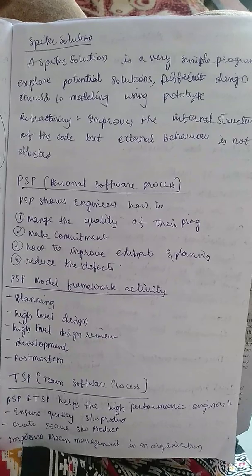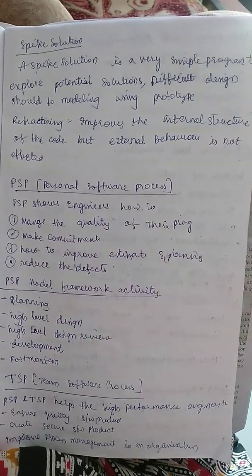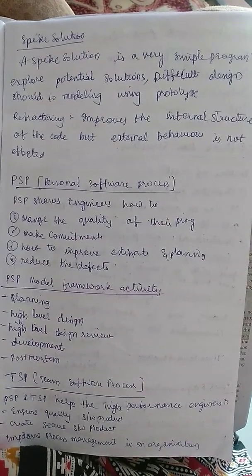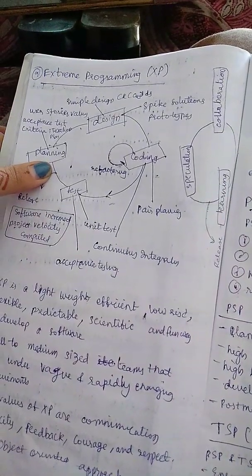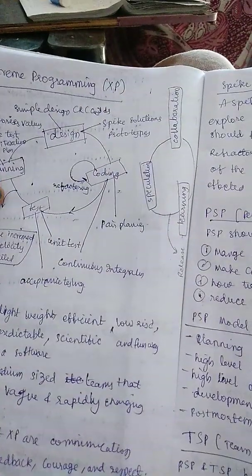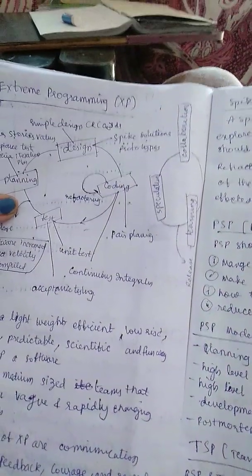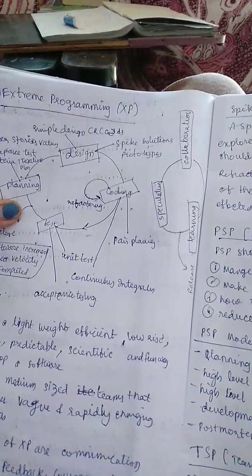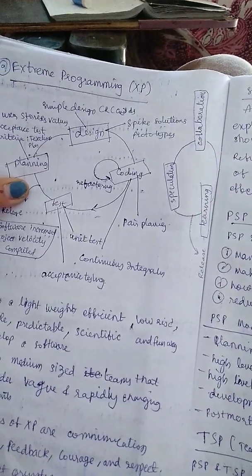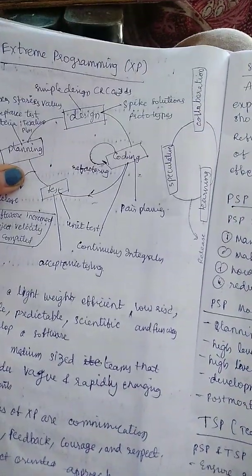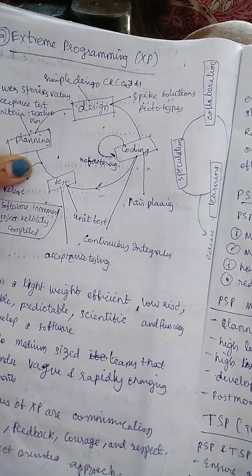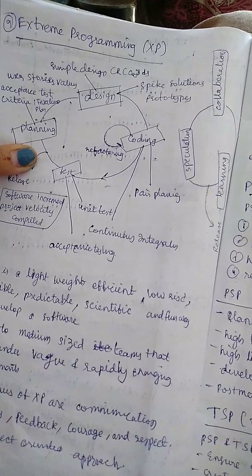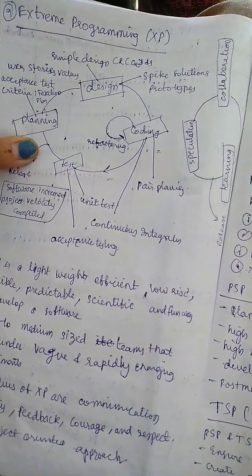Okay, what is refactoring? Refactoring means improving the internal structure of the code, but the external behavior is not affected. Like in designing, we will use simple designs as per the customer, and also use the spike solution and prototypes. And then after designing, we will do coding, right? In coding, we will do pair programming, continuous integration, and also refactoring.